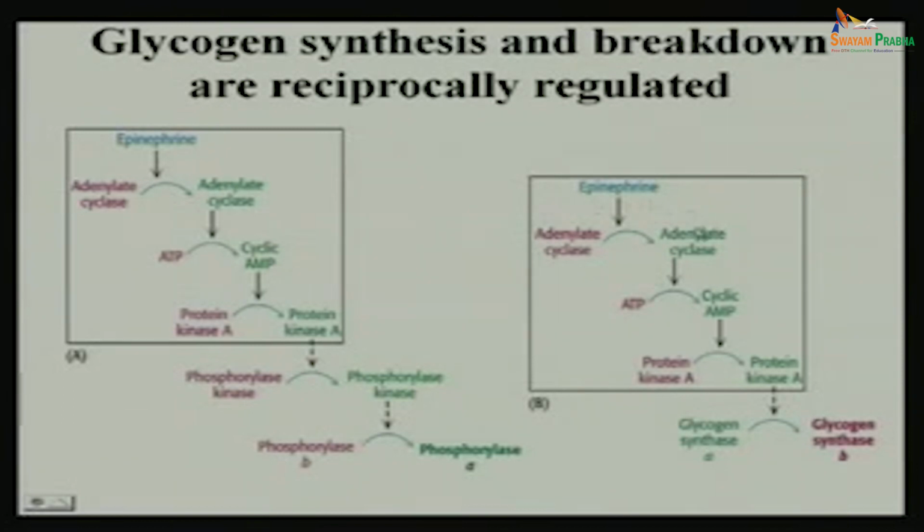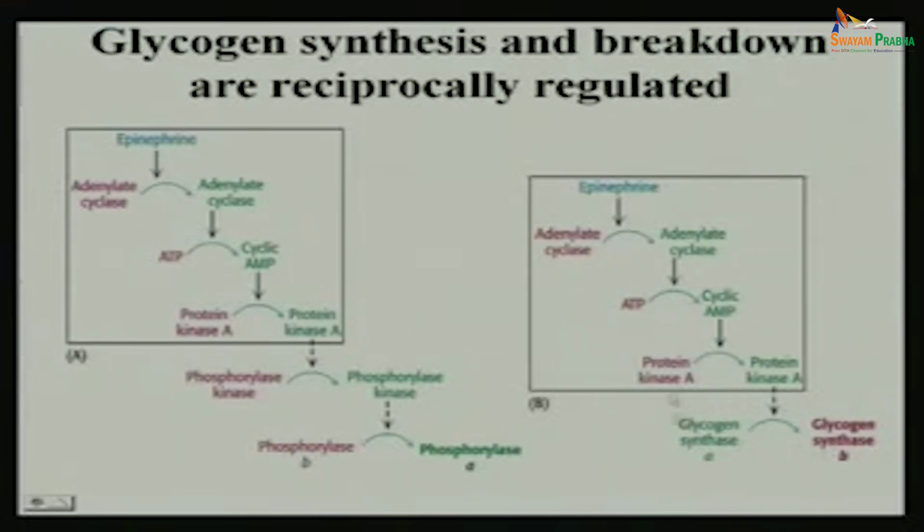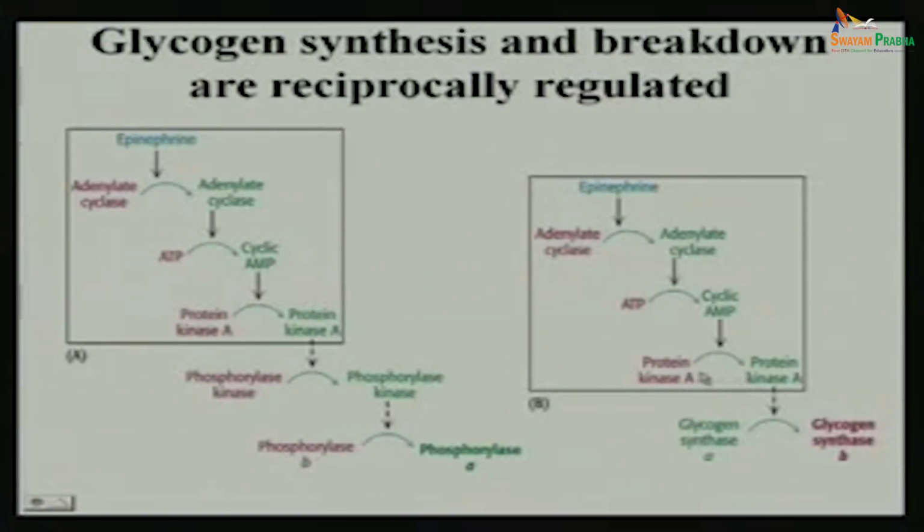Similarly, when this reaction starts, we also have to stop glycogen synthesis. Glycogen synthesis converts glucose to glycogen, but the body is in demand of glucose, so we cannot allow this particular enzyme to be active.